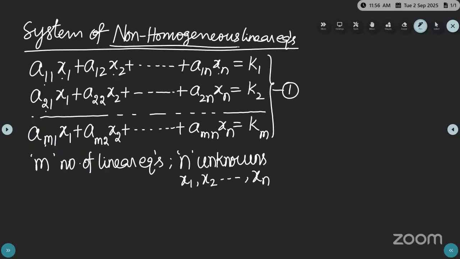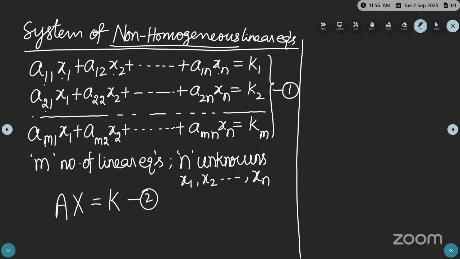Now I am expressing this into matrix form. This can be expressed in matrix form as A into x equals k.